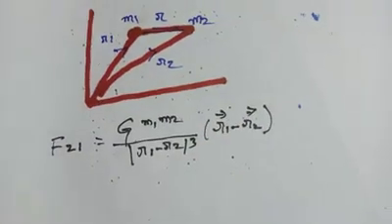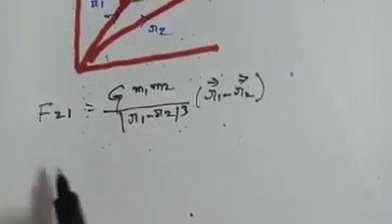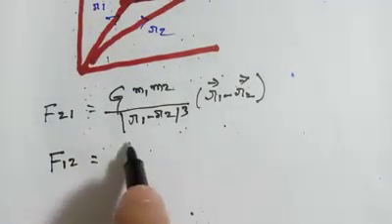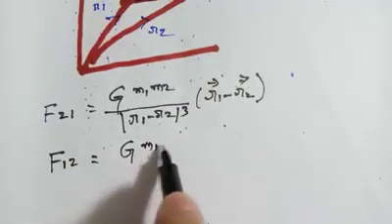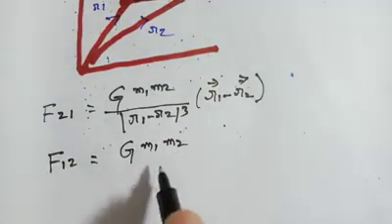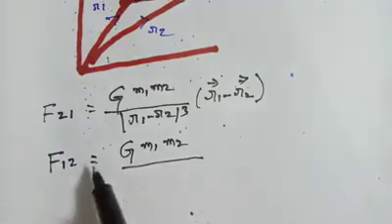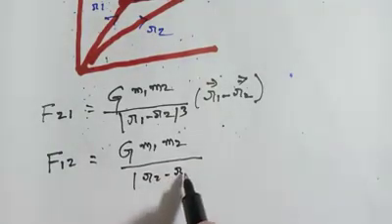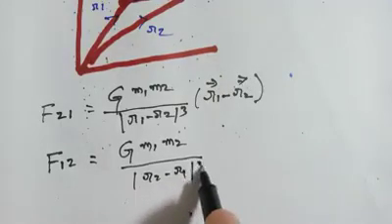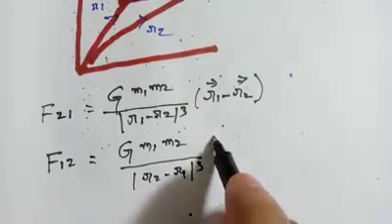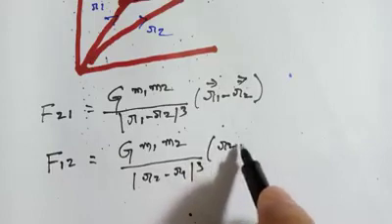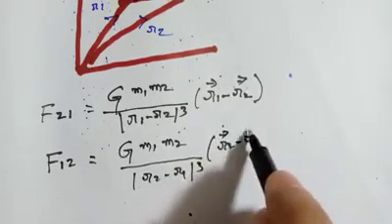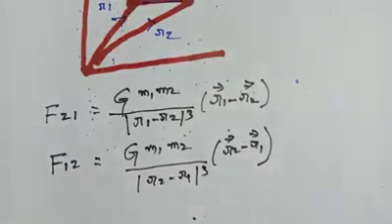In the same way we can take up F12 equals G m1 m2 whole divided by, this is 1 acting on 2, so the distance would be r2 minus r1 cube, and this would be multiplied by r2 minus r1, and these are the distances from the centers, right?